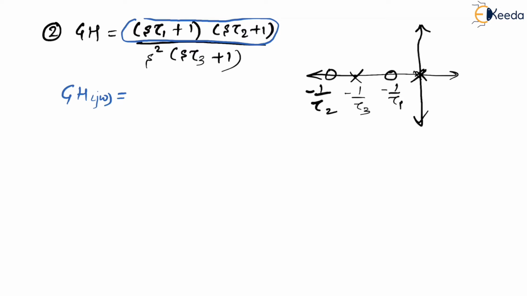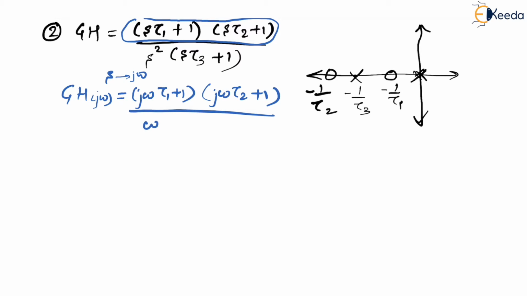What is that equal to? It is nothing but, yes, just replace s by j omega. So if you replace that, what you get is (j omega tau 1 plus 1) into (j omega tau 2 plus 1) divided by omega squared into (j omega tau 3 plus 1).